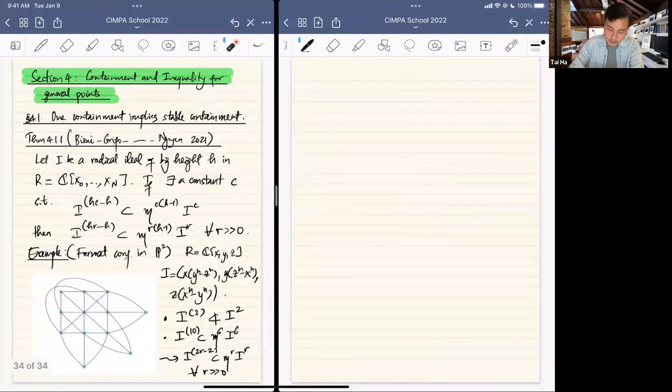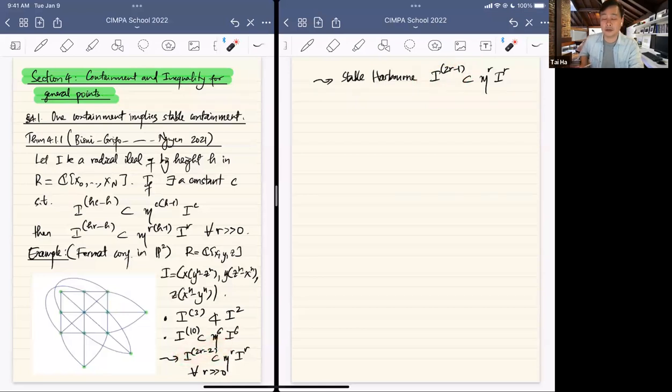And this establishes the stable Harbourne. Because stable Harbourne basically says that you have I^(2r-1) should be inside m^r I^r. And of course, I^(2r-1) is already inside I^(2r-2).